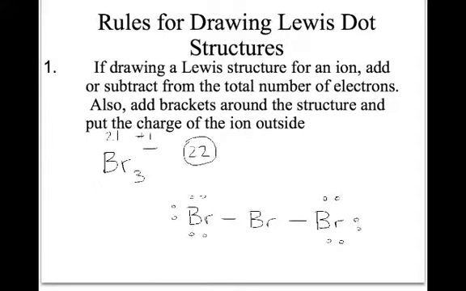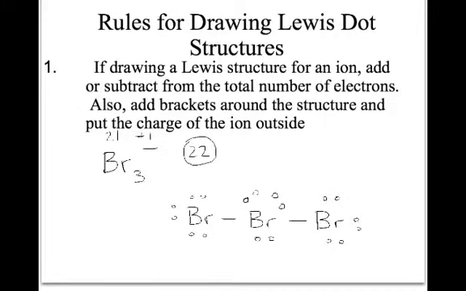So if we look at this structure, we have a total of 2, 4, 6, 8, 10, 12, 14, 16 electrons. So if you look back at the rule from the last page, we see that there are extra electrons that need to be placed. We still need to put in 6 more electrons. So we're going to put them around the central atom in pairs like this.